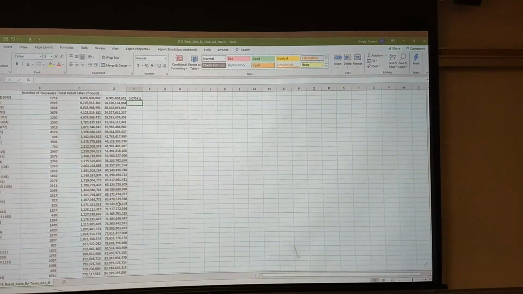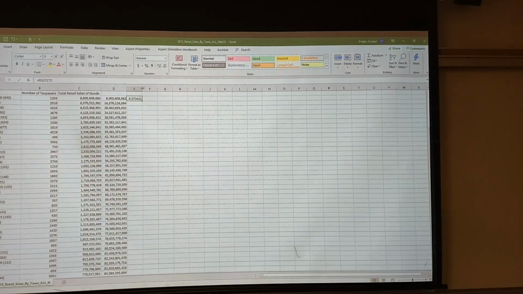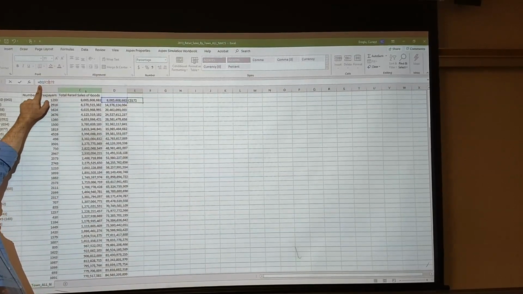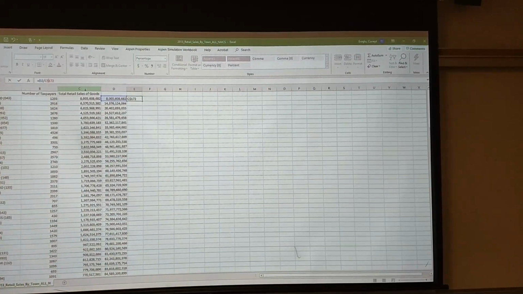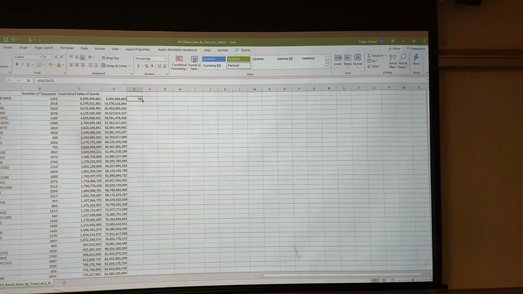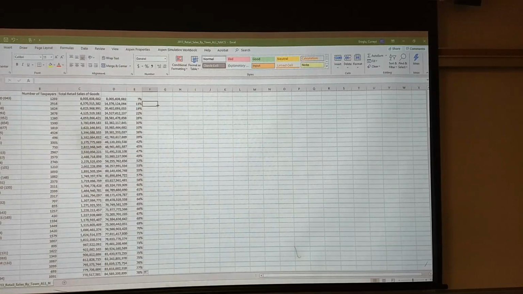So this comes out to be, let's do this, 7%. I'm going to put a dollar sign here because I want to keep this constant, and this is the cumulative. So I copy this.